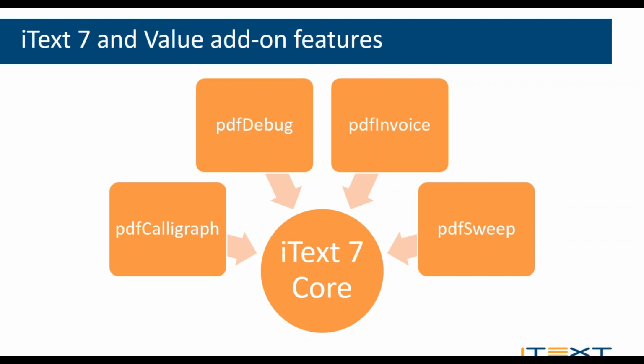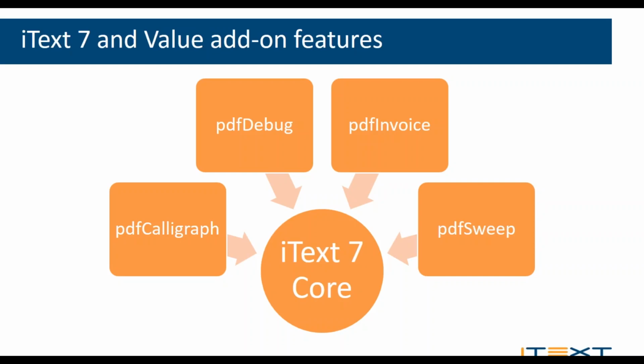Also, it provides you with a human-readable version of the invoice in the PDF and a machine-readable one in an attached XML file. PDF Calligraph, this feature allows you to create PDFs with more complicated language structures, such as in Arabic or Tamil. Also, this feature allows you to have calligraphy edited into your PDF.